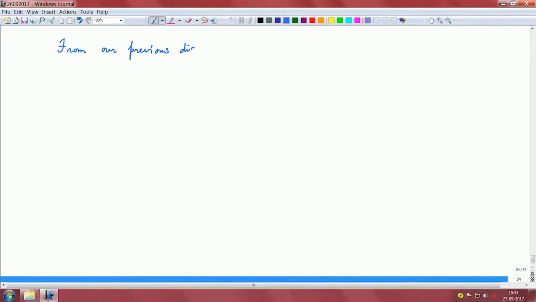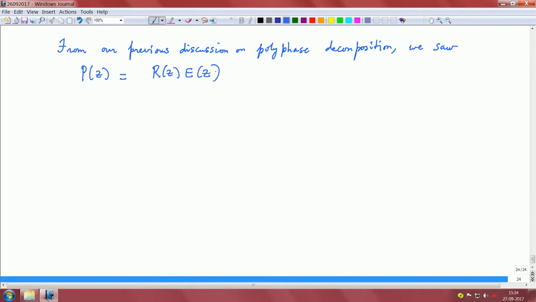From our previous discussion on polyphase decomposition, we saw that P of z must be equal to R of z times E of z, where R of z is the matrix of all the type 2 components for the synthesis filters, and E of z are the analysis filters.